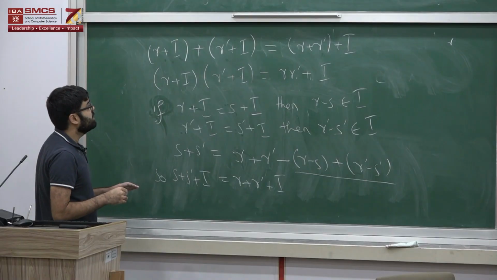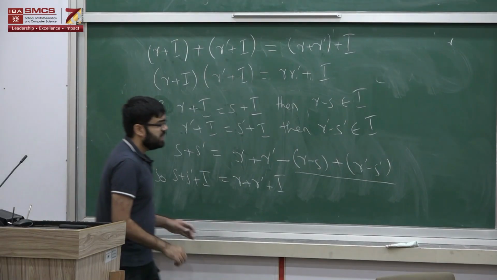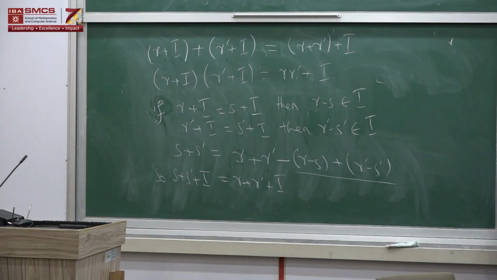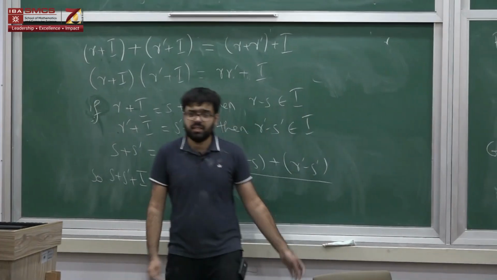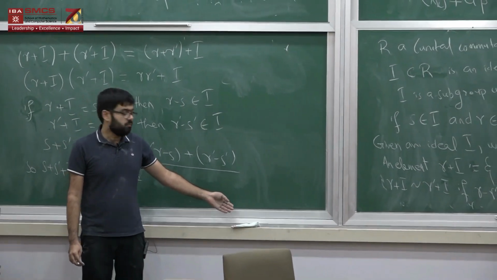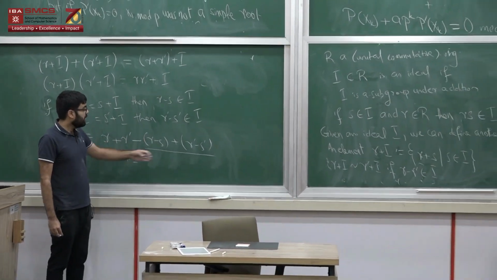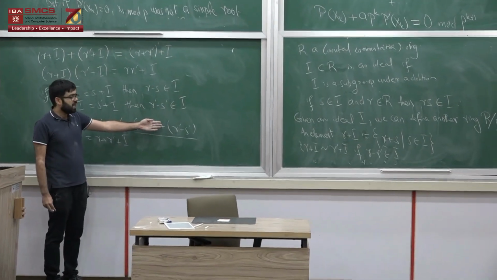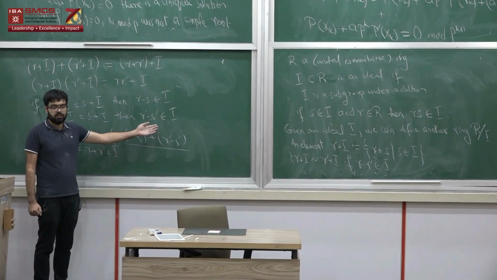So the same thing I need to do with multiplication, and there I will actually need this. Here I only needed the elements of the ideal to be closed under addition.